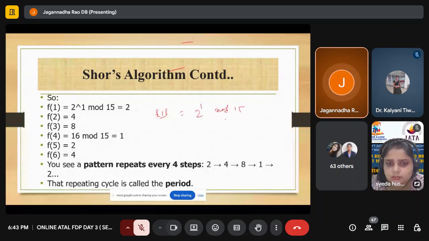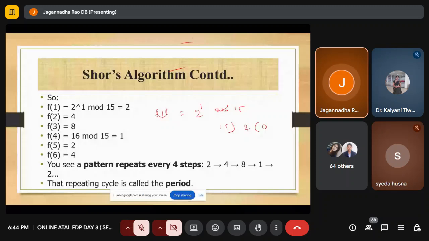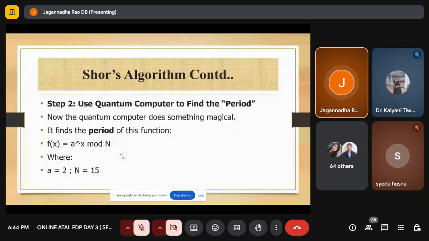So what does this mean? 2 power 1 is 2, and 15 divides zero times, so the remainder is 2. That's the value, 2. Then go to f of 2. What is the value of f of 2? 2 power 2 mod 15. 2 power 2 is 4, so the value is 4.